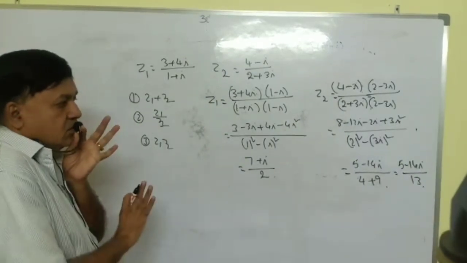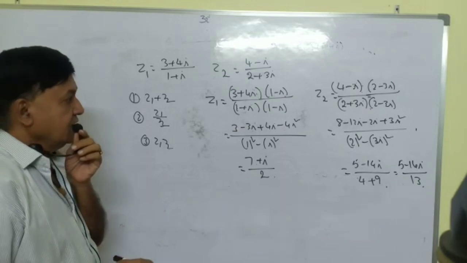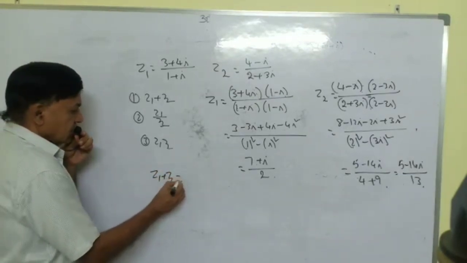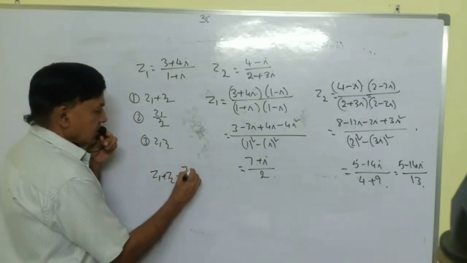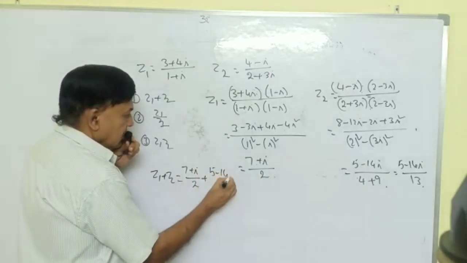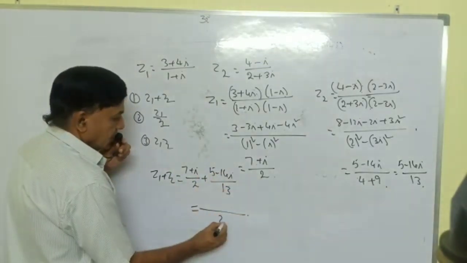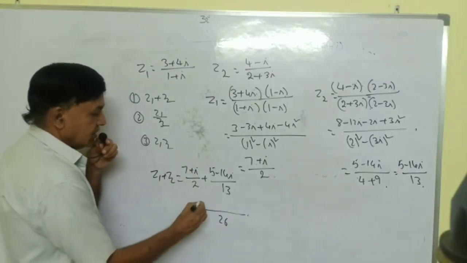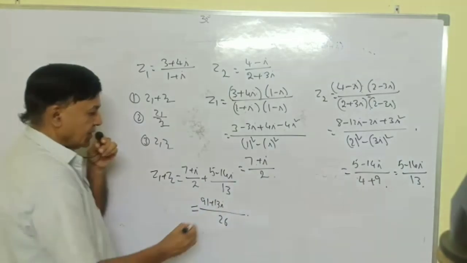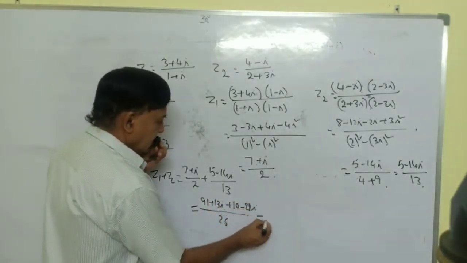So once you make the denominator purely a real number, then Z1 plus Z2 is equal to (7 plus i by 2) plus (5 minus 14i by 13). You can take LCM 26: 91 plus 39i plus 10 minus 28i.